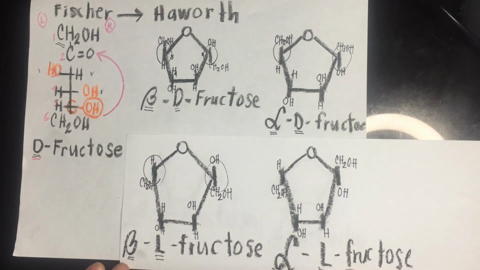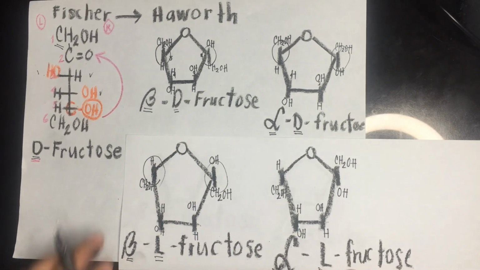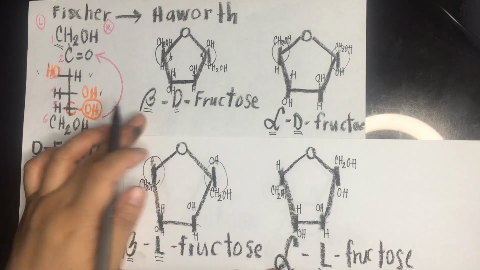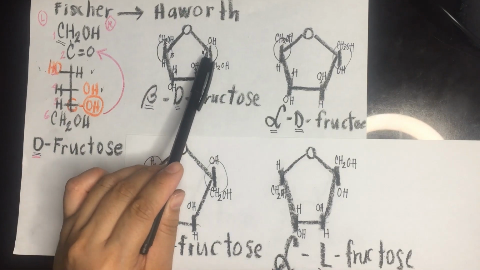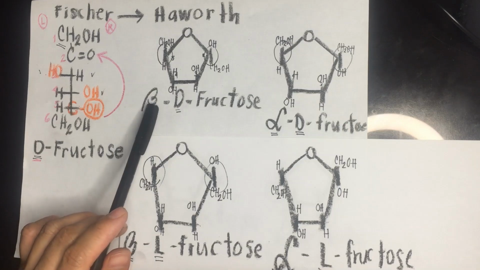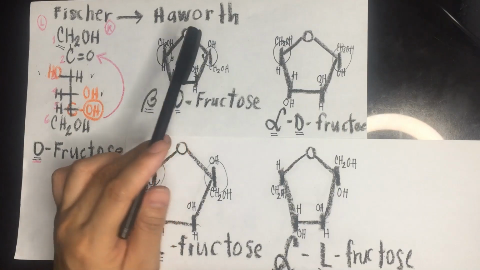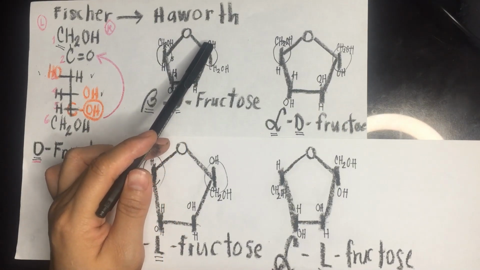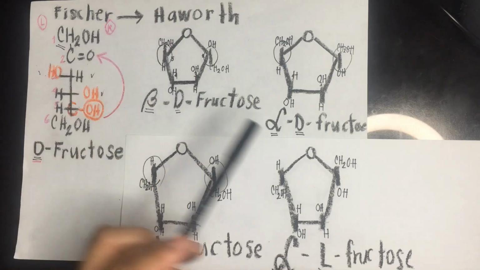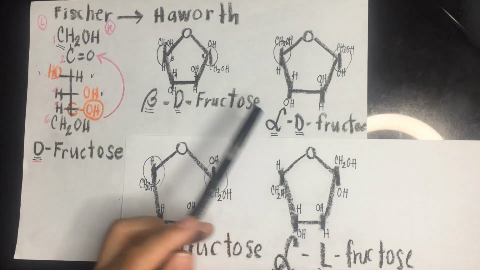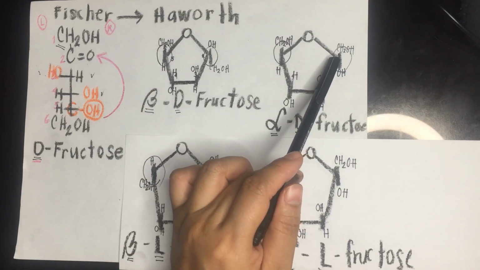So in here, for our fructose, if it is in beta configuration, we have to take into consideration the carbon number 2. So in carbon number 2, it has to have a hydroxyl group that is placed on top. Then it pairs with an alcohol. This will be carbon number 1. For alpha, we are again going to locate carbon number 2.